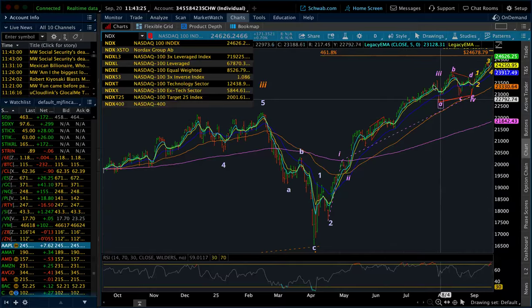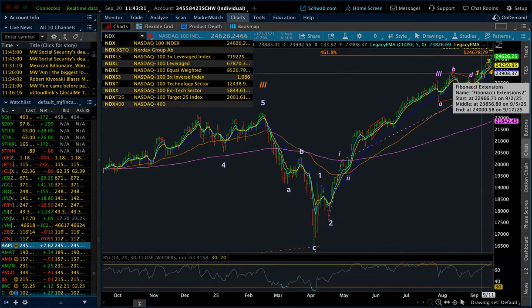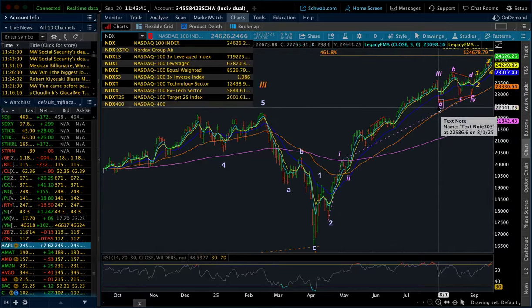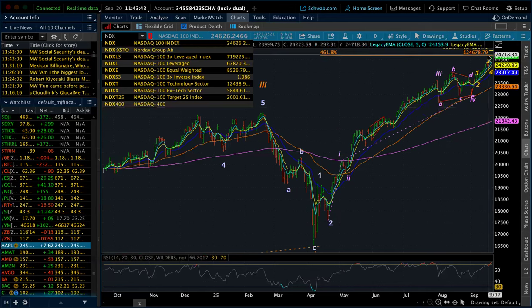Because if you remember when we were in here, what was I talking about? 3, 3, 3, 3. Everything was threes. And so we were looking for the completion point, possibly here, of minute wave 4, putting this all in minute wave 5 up, and it just didn't work, obviously.